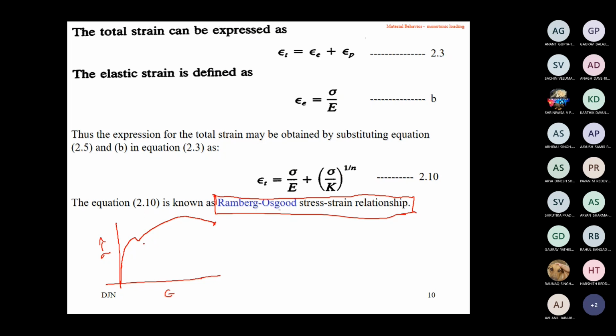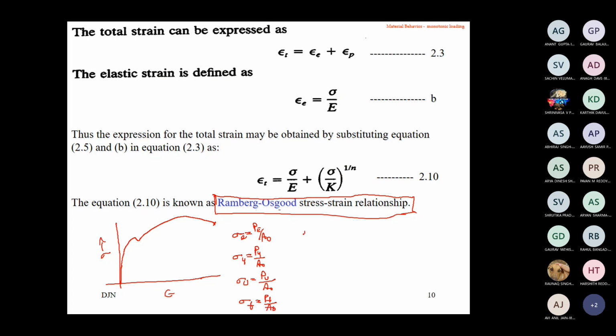Now in the strength of materials lab, you have determined various parameters. You found sigma E, the elastic stress, that is the load at that point divided by the original area. You might have determined the upper and lower yield point, or in general the yield point, the load at yield divided by A naught. You might have determined the ultimate load divided by the original area. Similarly, sigma F, the load at fracture divided by the original area.